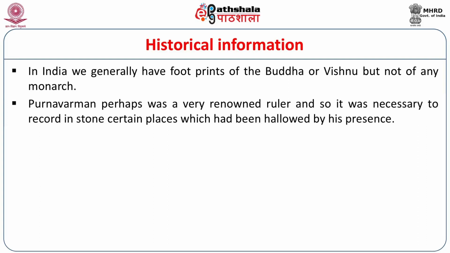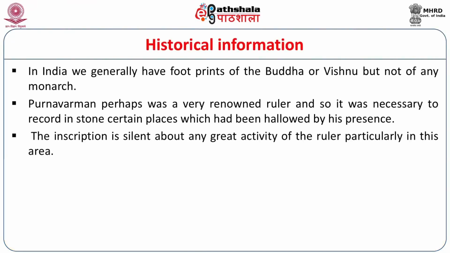Purnavarman perhaps was a very renowned ruler, and so it was necessary to record in stone in certain places which had been hallowed by his presence. So these stone inscriptions are located not very far away from each other, but form a cluster. The inscription is silent about any great activity of the ruler, particularly in this area.